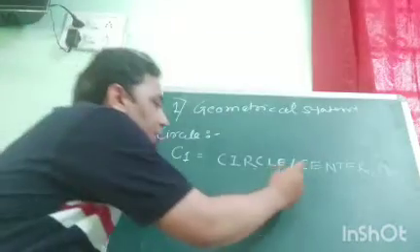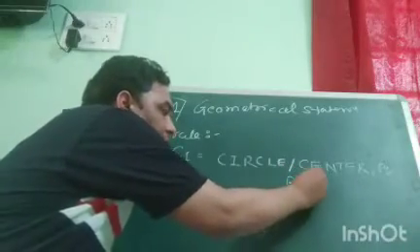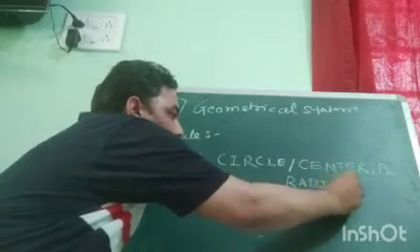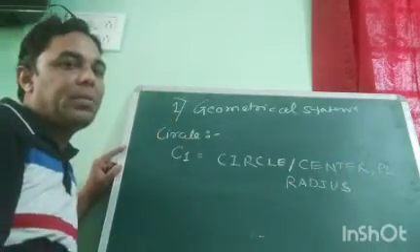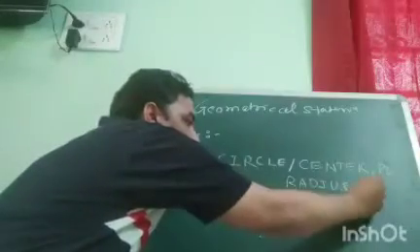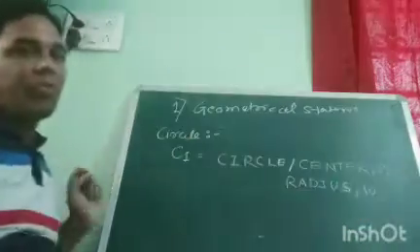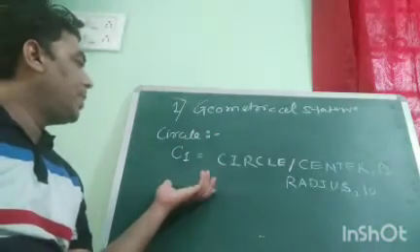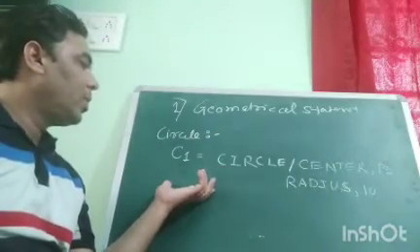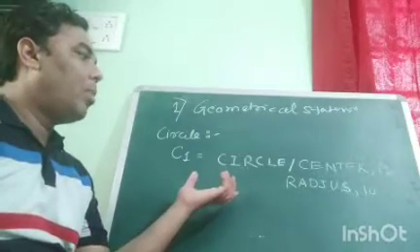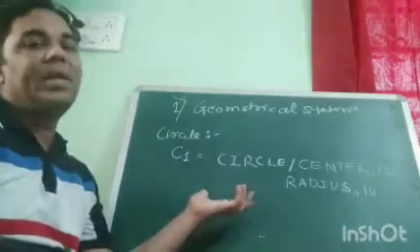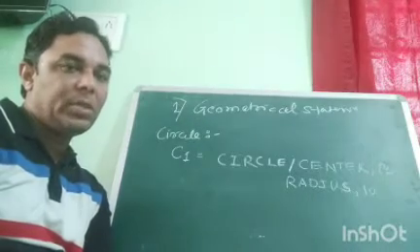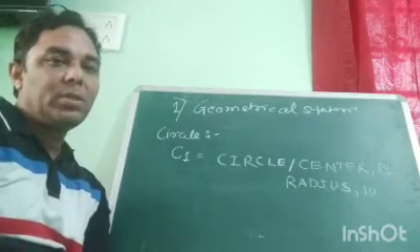And what is the radius of it? We just need to write RADIUS in capital letters. What is the radius? 10 mm, for example. Right? So the interpretation of that particular syntax coding is that the circle has center point P1 and radius 10 mm. Getting me or not? So that is the interpretation of that particular syntax coding.